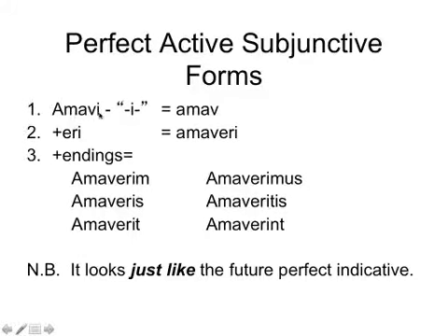So here we have amavi, that's our third principal part. We're going to drop the I, so amav, and you're going to, step 2, add ERI, and then step 3, you're going to add the personal endings, m, s, t, mus, tis, nt. Notice it looks very similar to the future perfect indicative active verb form. The only difference is it's amavero for the future perfect indicative. All the others are the same.